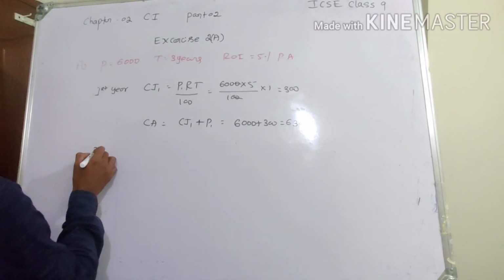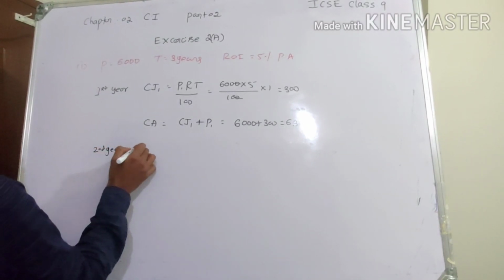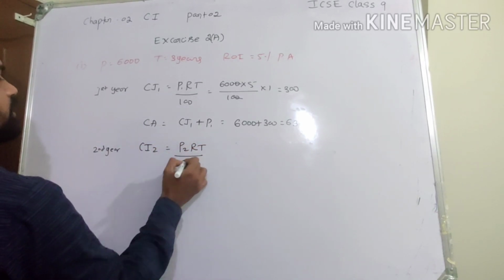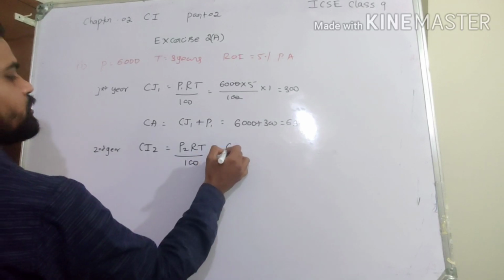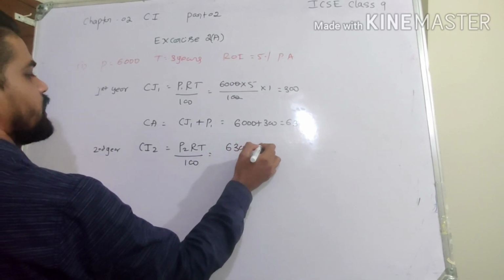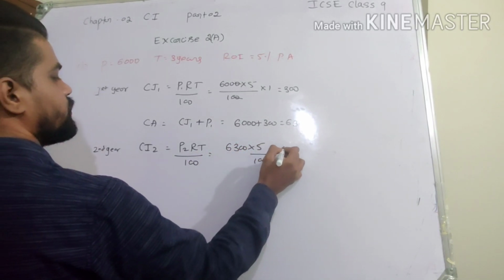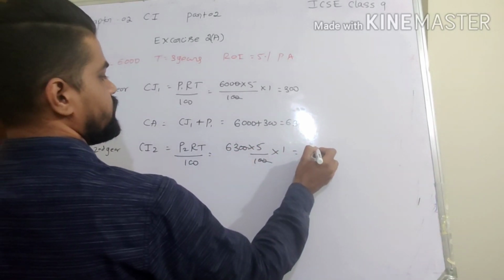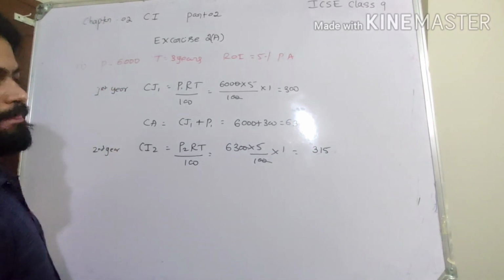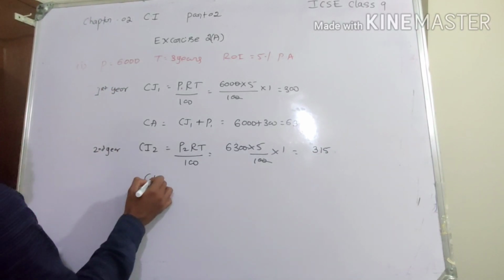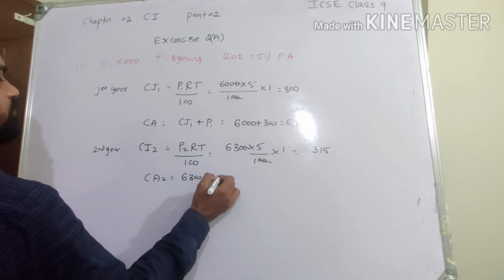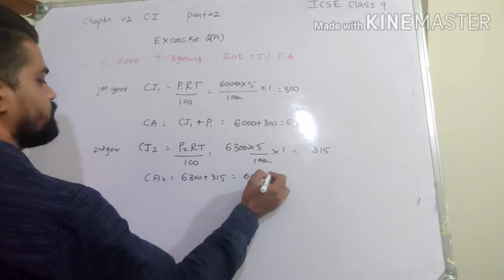Okay, coming to the second year, CI2 will be P2 RT by 100, and P2 is 6,300, R is 5 by 100 into 1, again these two zeros will cancel, we end up with 315. Okay, so the compound amount for the second year will be 6,300 plus 315, which is 6,615.